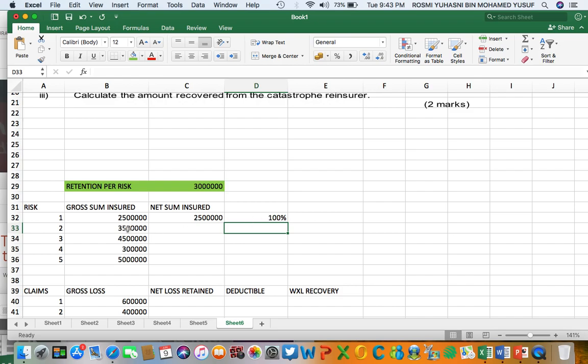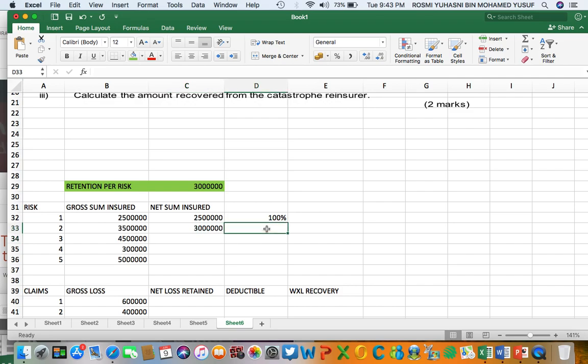For risk number two, gross sum insured given is 3.5 million. So they will not retain 100% because they will retain up to 3 million, meaning that the net sum insured retained is 3 million maximum. So they are not going to retain the whole 3.5 million, but only up to 3 million.